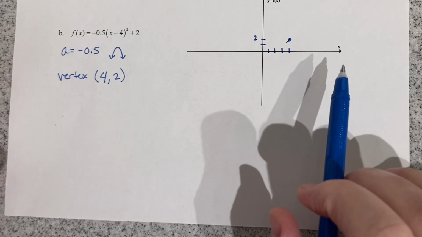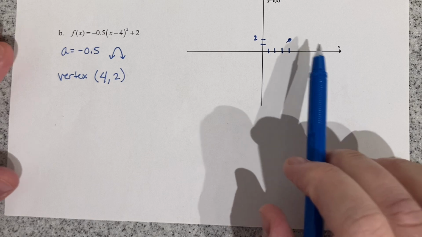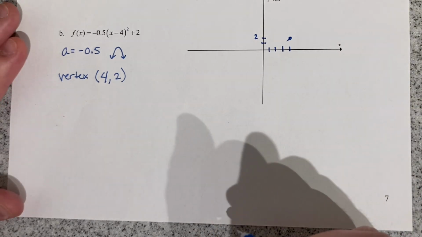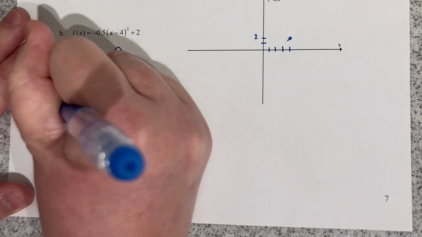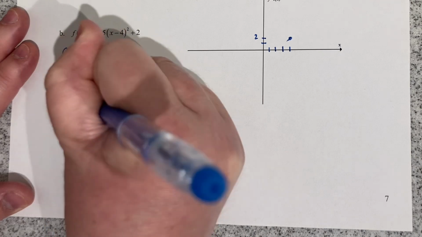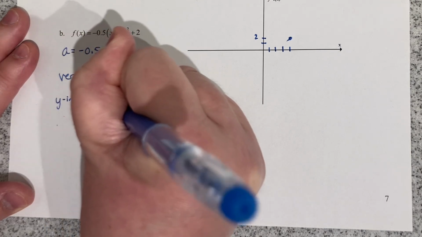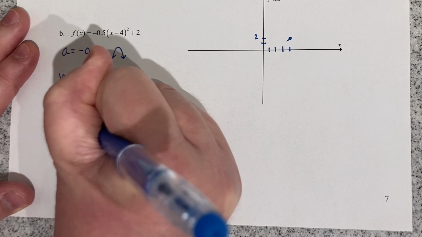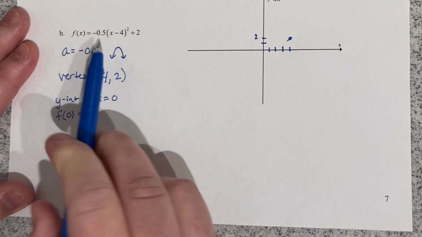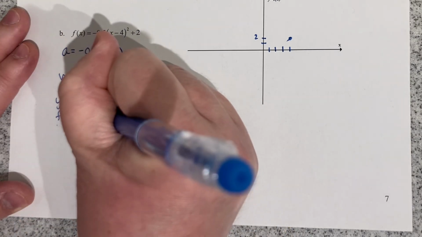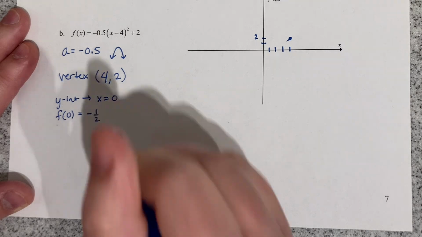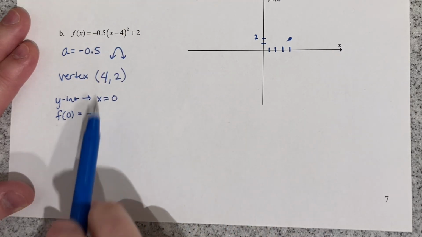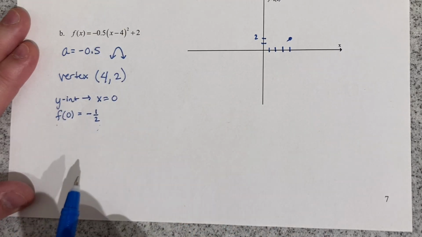We could find them, but let's instead focus on at least the y-intercept, since that should be easier. For the y-intercept, we plug in x equals 0. So f of 0 is negative. If you don't like the decimals, I'm going to call it negative a half. In my head, it's easier to divide by 2 than it is to multiply by 0.5.